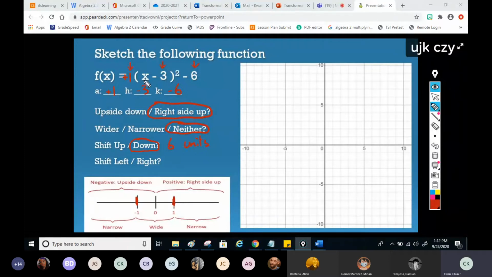This is a -3, so that means it shifts to the right by 3 units. So this is always tricky, all right? Left and right, the horizontal transformation is always tricky. It's going to be the opposite of what you think. When you see a minus sign, the minus sign tells you that it goes to the positive side, to the right.